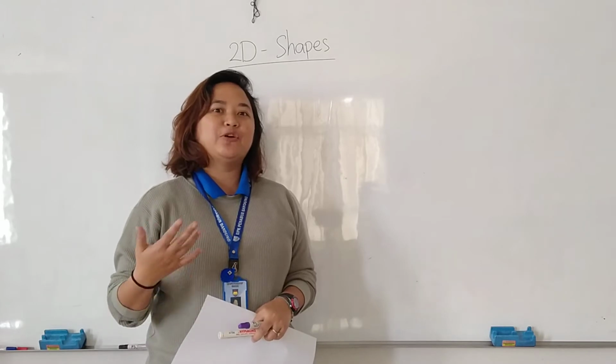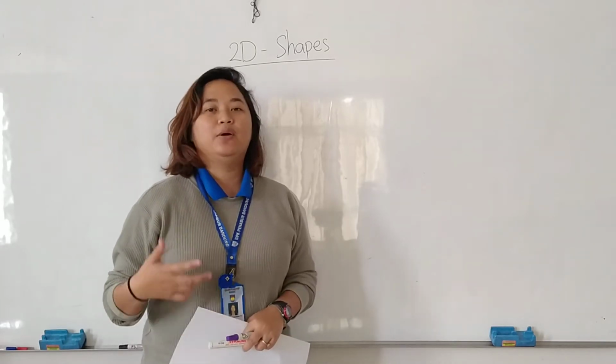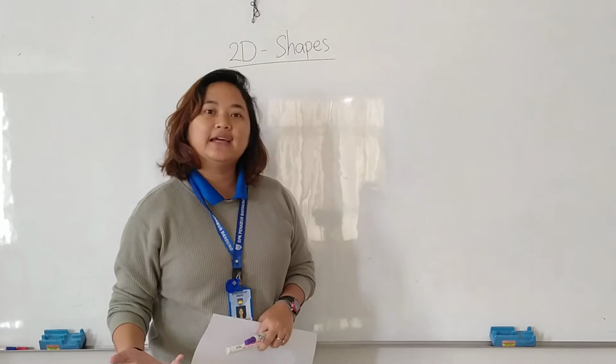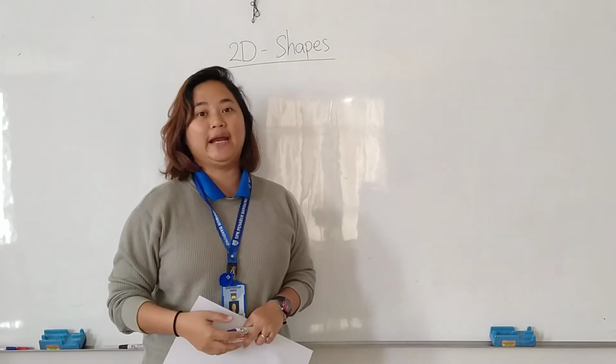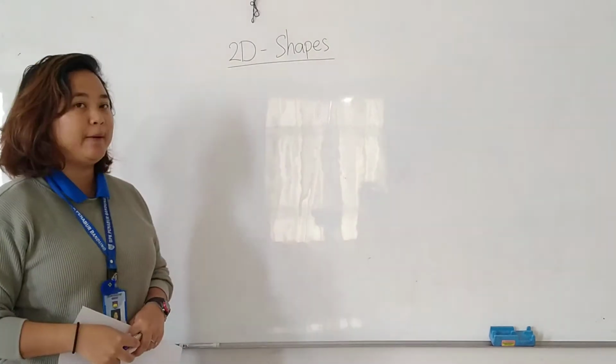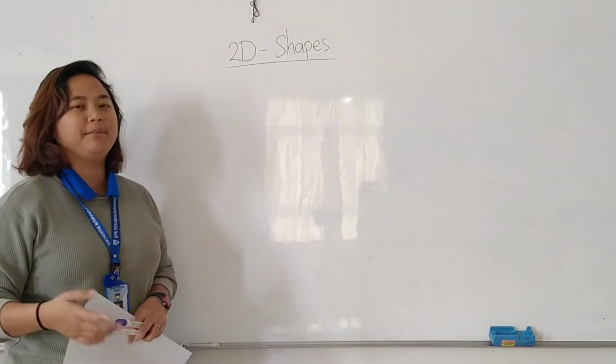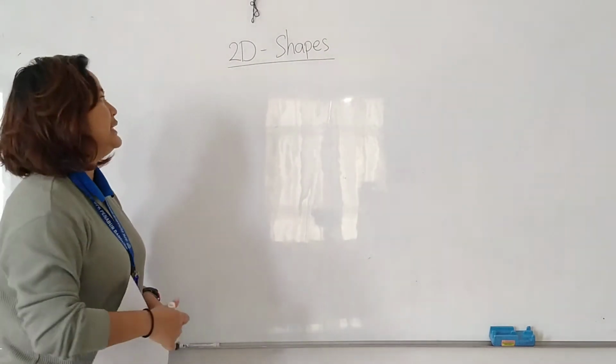I believe that most of you will answer something like square, rectangle, triangle, and if you answer like that, your answer will be correct. We have a lot of examples of 2D shapes, but I will mention some of them.